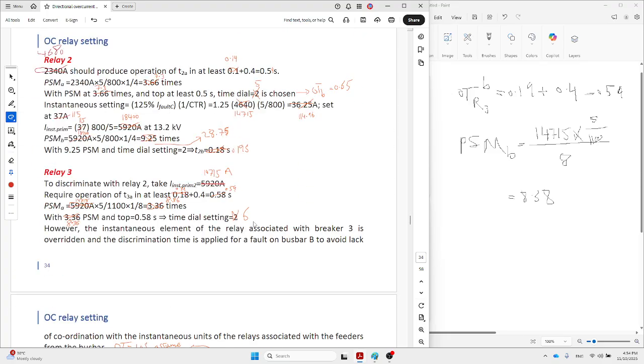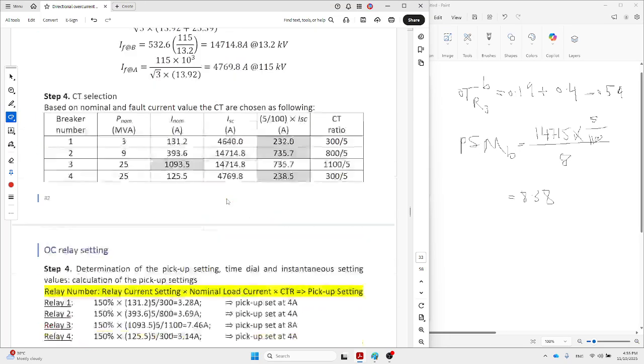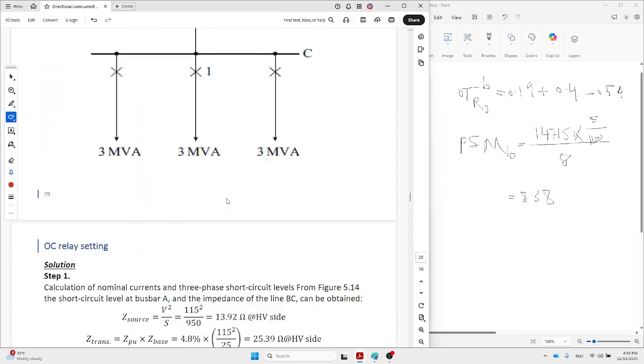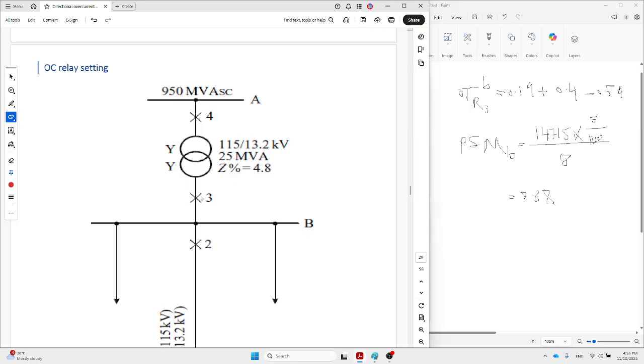So you can see here we also pick 6. For the other side, because relay 3 is already placed here, both relays are for the transformer, correct? So the fast operation of this time is mainly related to the transformer. The transformer thermal limit means how long the transformer can ride through the fault.